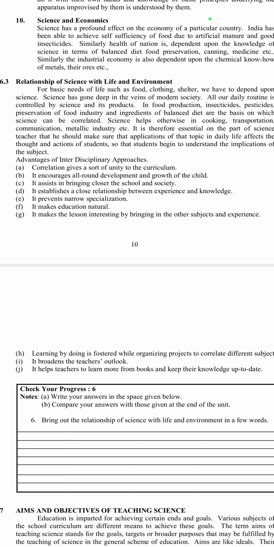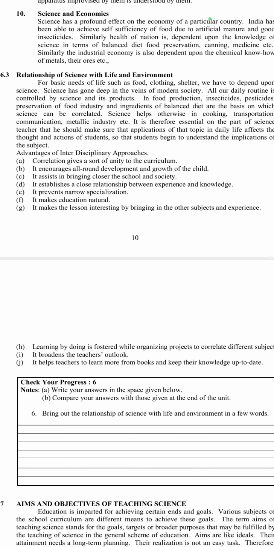First, the correlation gives a sort of unity in the curriculum. Meaning to say, all of the relationships between one field of science and the other fields of science, and also the relationship of science to the other school subjects, will give unity in the curriculum, in the curriculum of the subjects that are implemented in a certain institution or in a certain school.